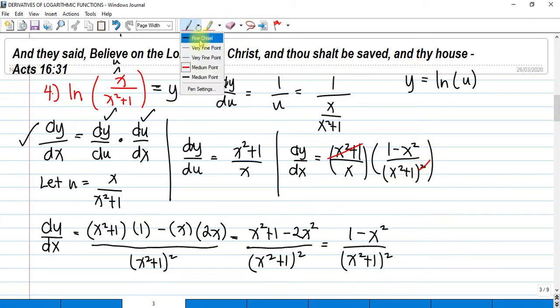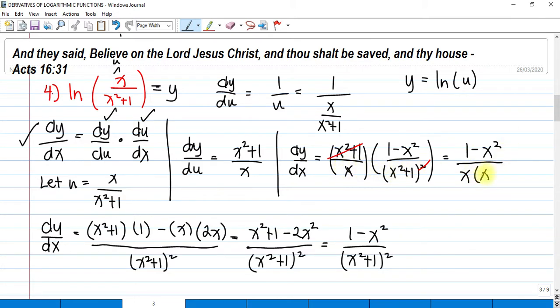So our answer dy over dx is simply 1 minus x squared over x multiplied by x squared plus 1. And this is our answer for our derivative for problem number 4.